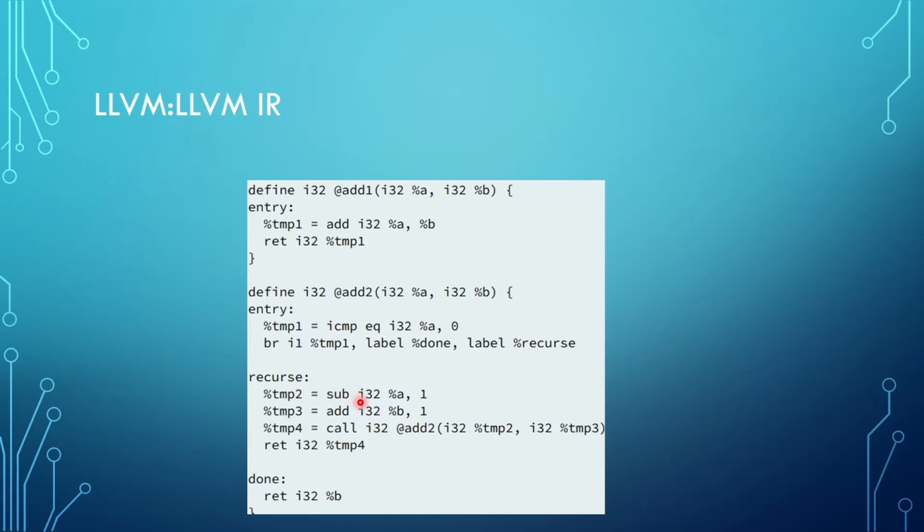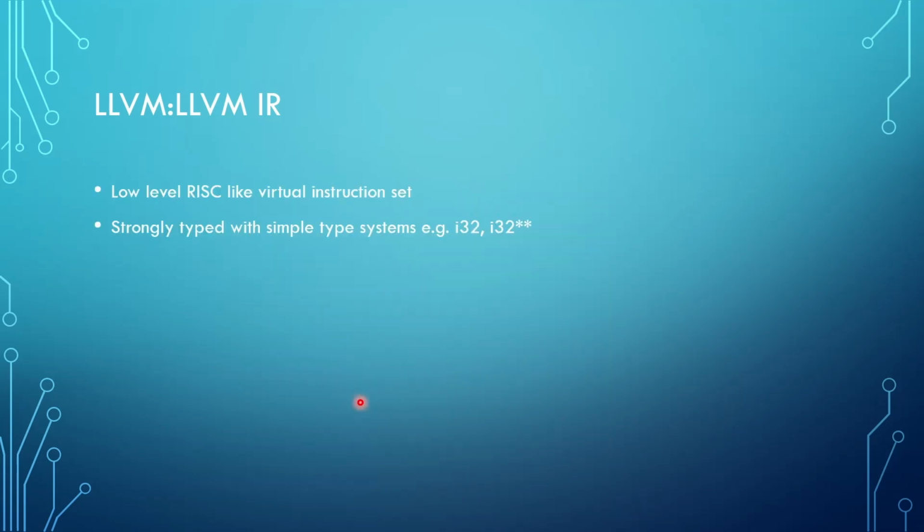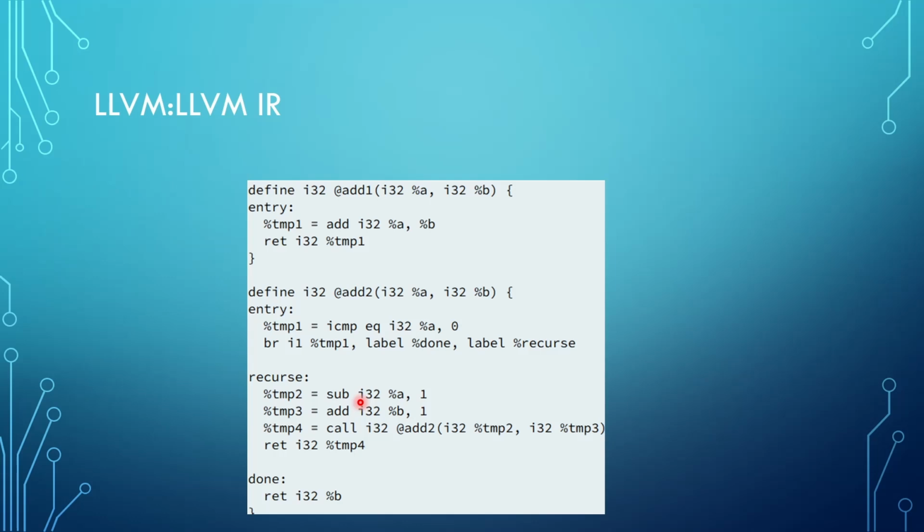Beyond being implemented as a language, it supports a strongly typed, simple type system with types like i32, which is a 32-bit integer, and i32**, which is a pointer to a pointer to a 32-bit integer. And we also have i1, which is a Boolean variable.